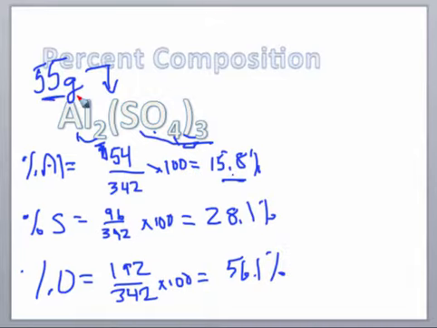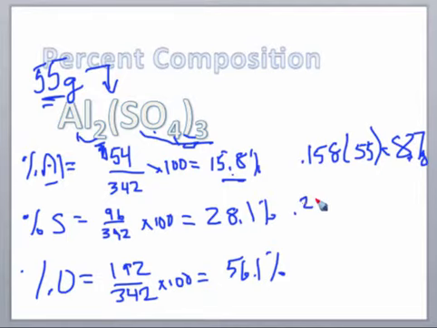So 15.8% of 55 will give us our grams of aluminum in a 55 gram sample. So again, we'll go 0.158 times 55, and that would give us 8.7 grams.